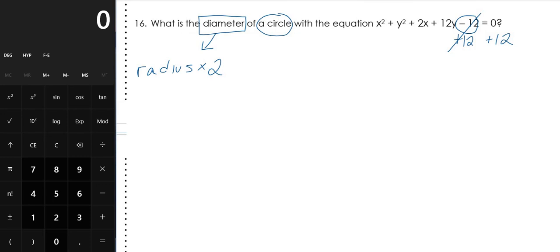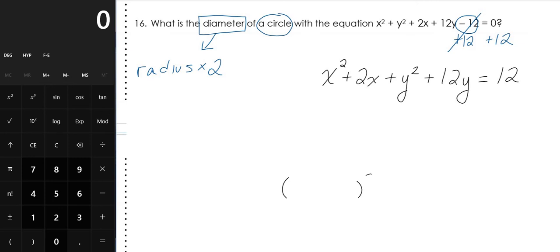So when I rewrite this, now I have x squared plus 2x plus y squared plus 12y equals positive 12. Now, create my bubbles. That's what my final answer should look like.